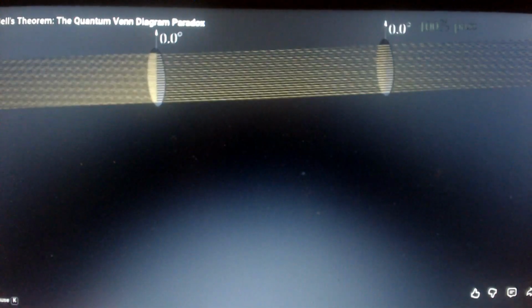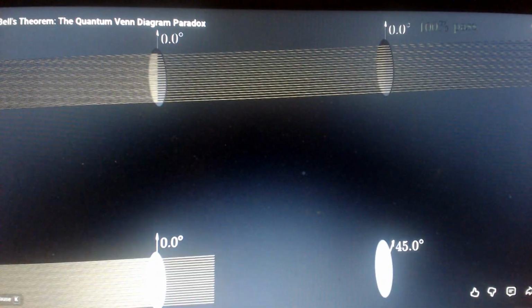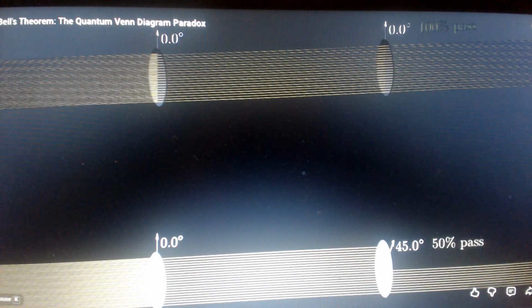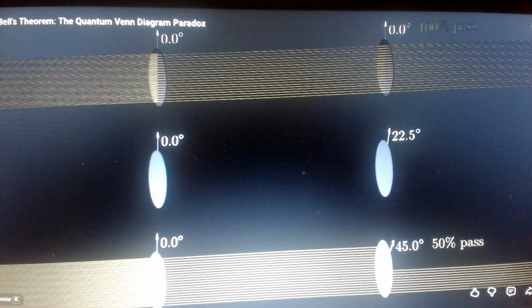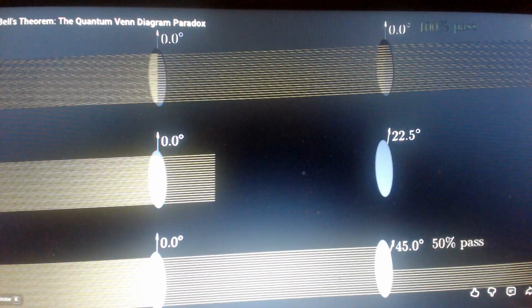"But the real numerical weirdness here happens for filters oriented less than 45 degrees apart. For example, at 22.5 degrees, any photon which passes through that first filter has an 85% chance of passing through the second filter." Yeah, that's literally how every antenna on the planet and the whole universe works. That's how antennas work.